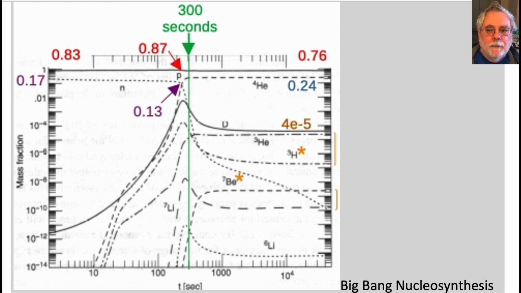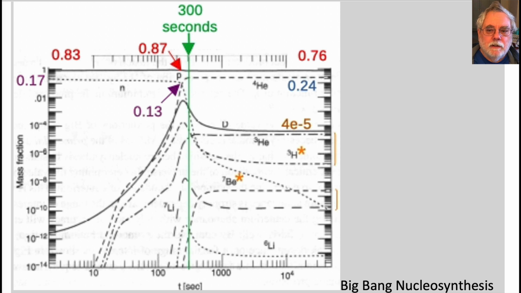This graph shows one particular model's prediction of the mass fractions, fraction of ordinary matter mass, of the protons, neutrons, and other nuclei for the first 50,000 seconds, 14 hours, after the first 2 seconds after the Big Bang. The horizontal time scale and vertical mass fraction scale are logarithmic.